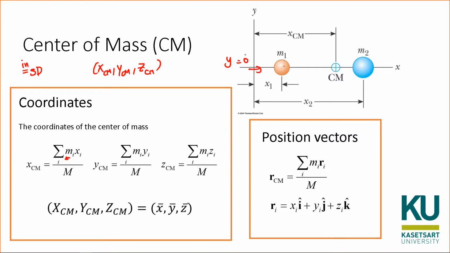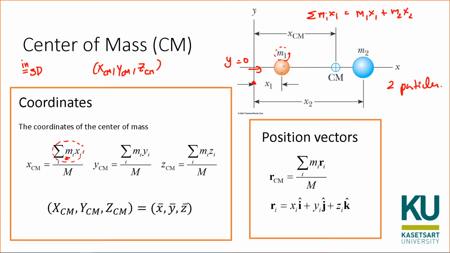So what is happening here? If you have this system with 2 masses, you have to find the individual mass multiplied by the distance from the axis. For example, sigma mi xi here, you can find it like sigma mi xi equals m1 x1 plus m2 x2, since this system has 2 particles, right?